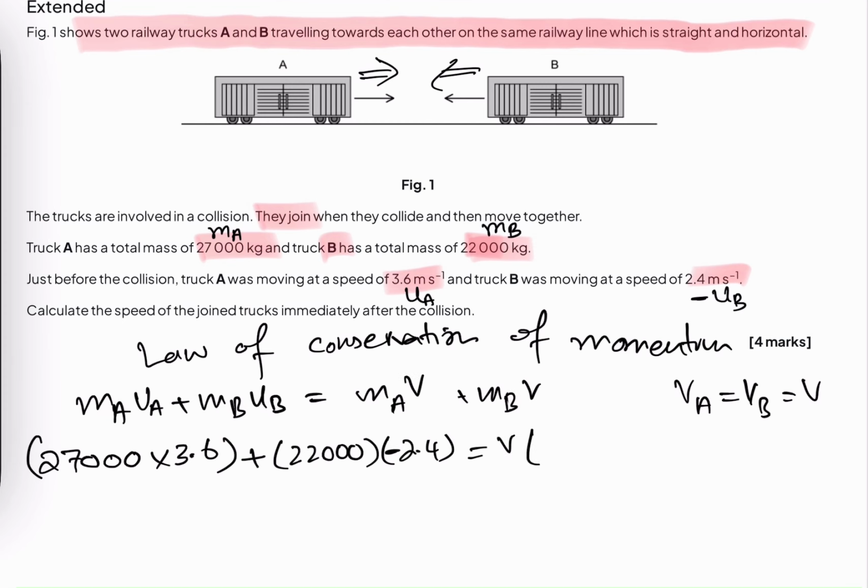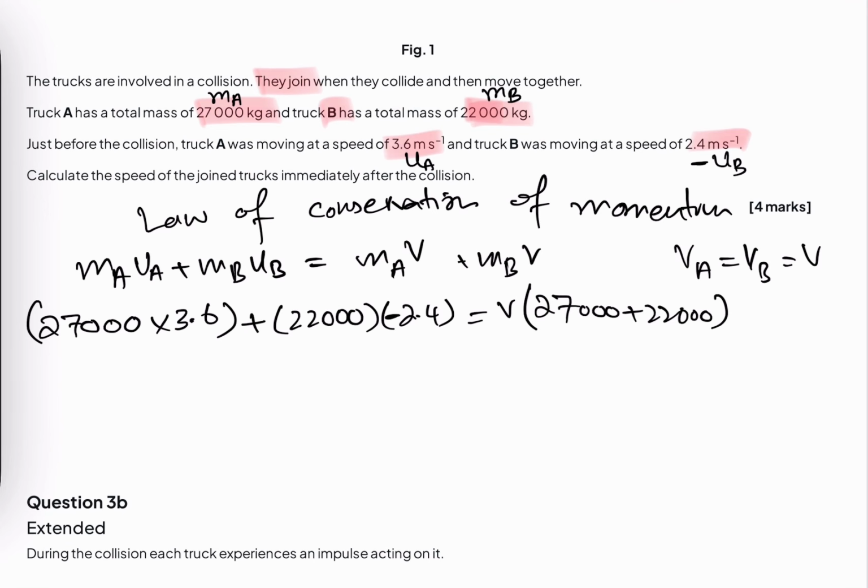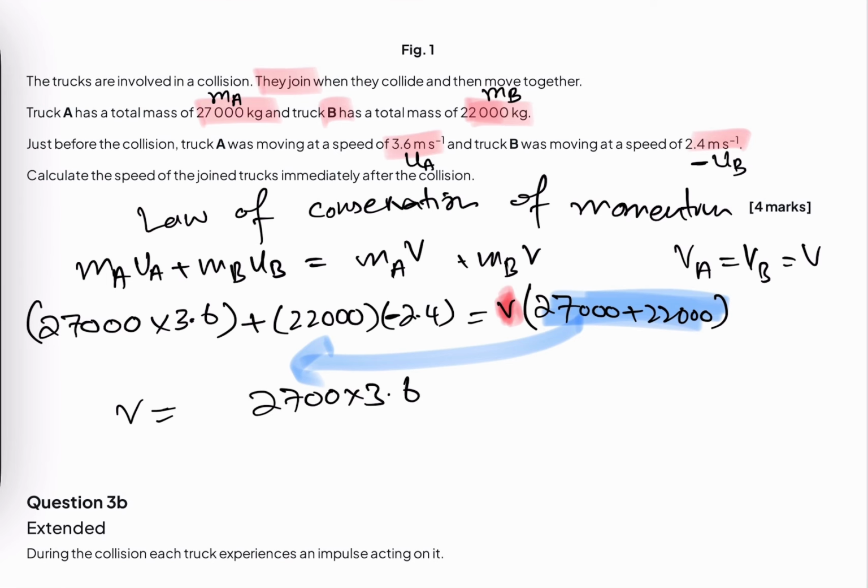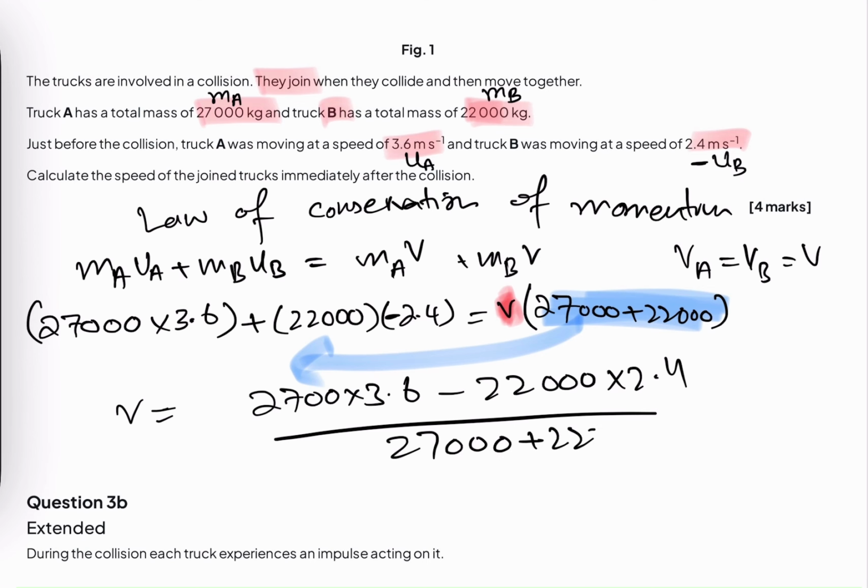So V is MA plus MB, and we can put their values there: 2700 plus 22000. Okay, what we have to find is this V. So this whole term will go to the other side and it will be divided. So V is equal to 2700 into 3.6 minus 22000 multiplied by 2.4 divided by 2700 plus 22000.